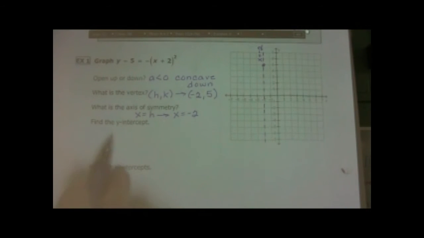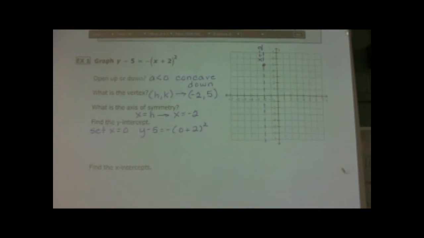Now, to find the y-intercept, set x equal to 0 in our equation. So I have y minus 5 equals negative (0 plus 2) quantity squared. And I'm going to solve this from here. All right, so first thing, on the right-hand side, 0 plus 2 is 2.